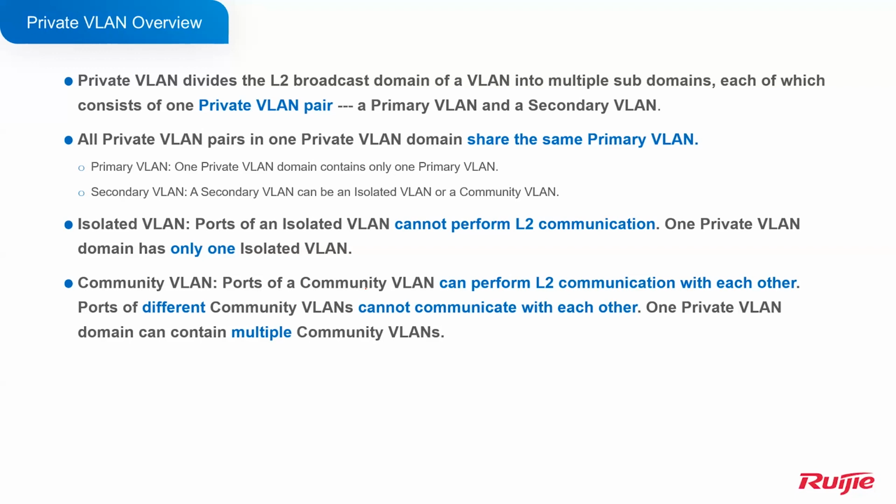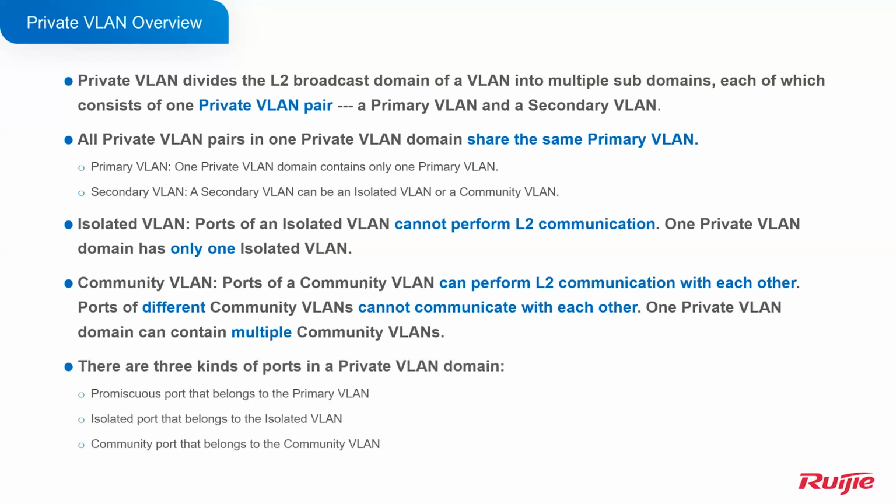For example, community VLAN 10 and community VLAN 20: the users in these two different VLANs are isolated. They cannot communicate with each other. Okay, and one private VLAN domain can contain multiple community VLANs. Okay, this is about the different types of VLANs in the private VLAN.